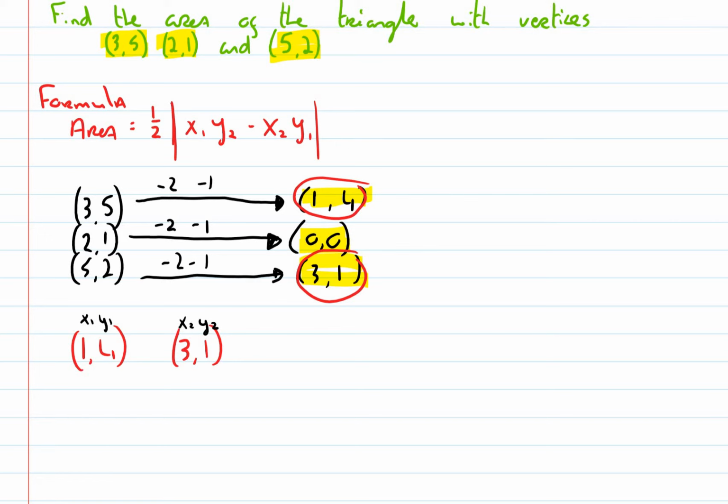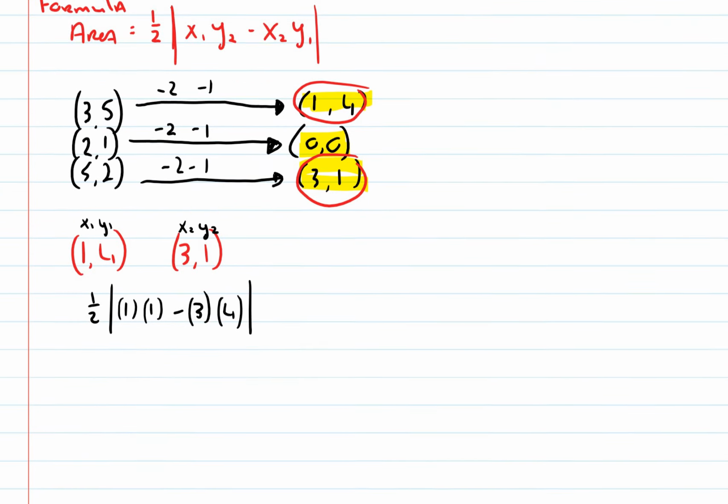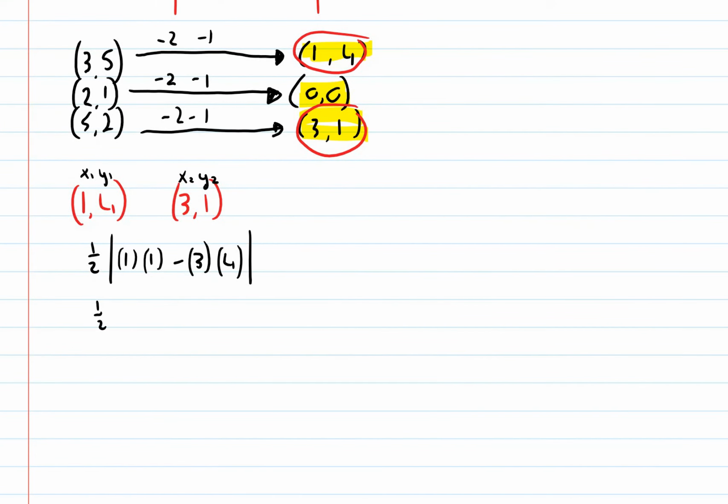I slot it into the formula. So it's half the modulus of x1, which is 1, multiplied by y2, which is 1, minus x2, which is 3, multiplied by y1, which is 4. So I have half the modulus of 1 multiplied by 1 is 1, minus 3 multiplied by 4 is 12.